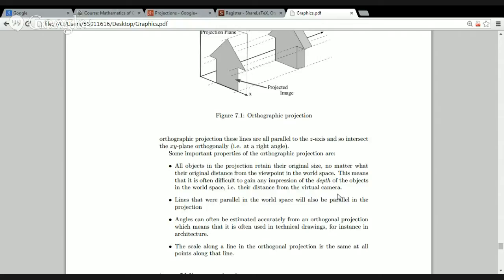But some other properties which might be advantageous about this projection is lines that are parallel in the world space are still parallel in the projection, okay?